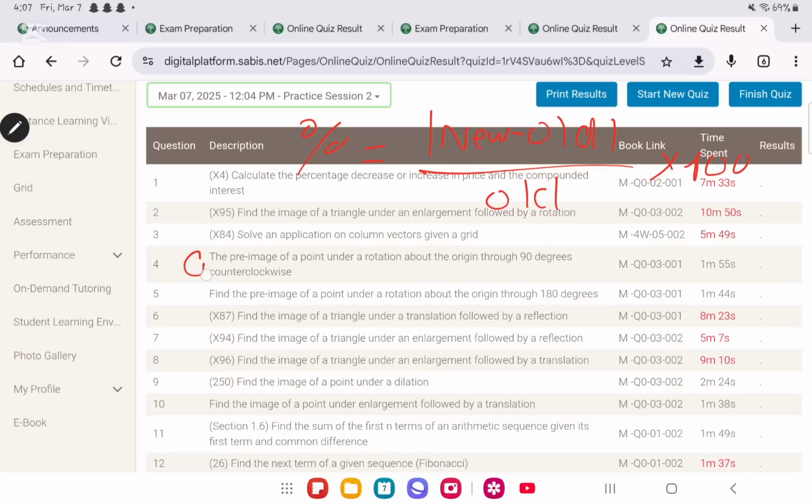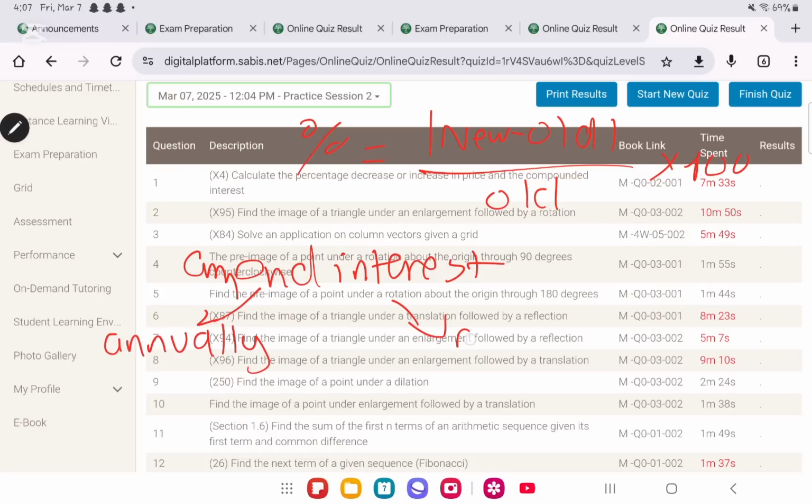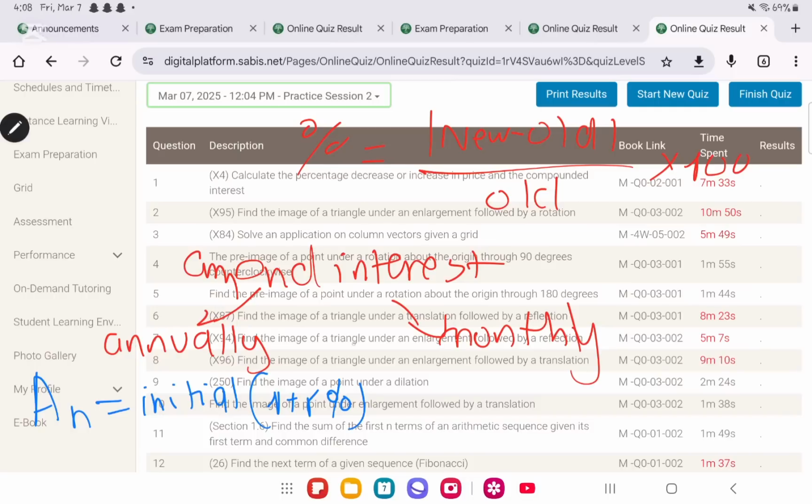Next thing we have is the interests. Compound interest. We have annually and we have monthly. If we have annually, the equation is AN equal to the initial, multiplied by 1 plus the percentage to the power of years.